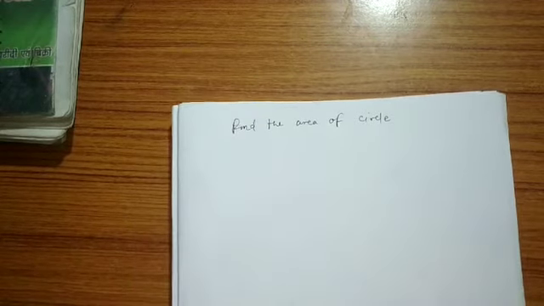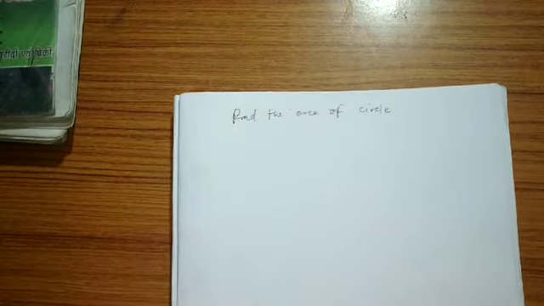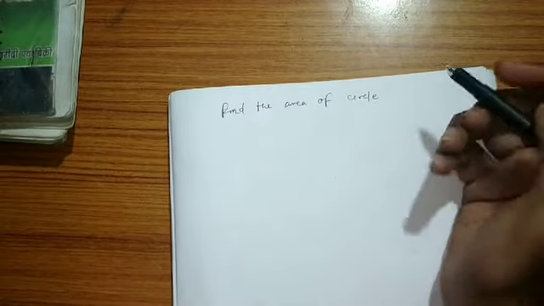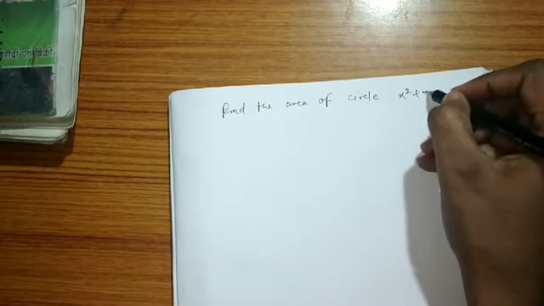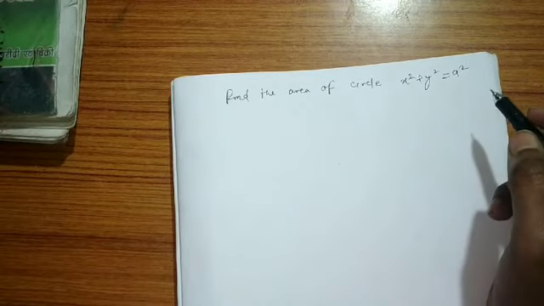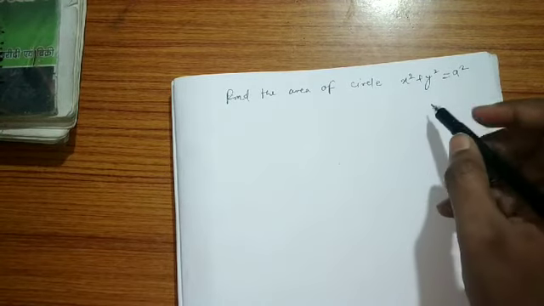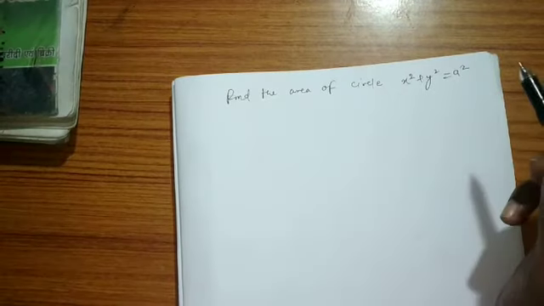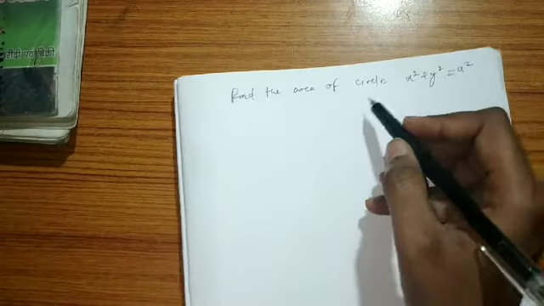We will find the area of a circle in this particular video. The circle is x² + y² = a². To find the area of this circle, first of all we have to recognize what the center of this circle is.